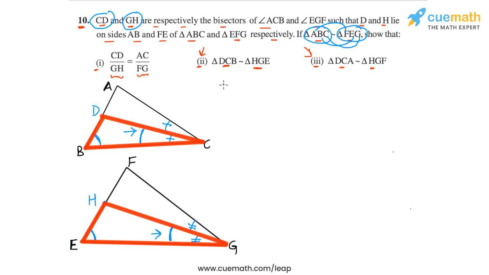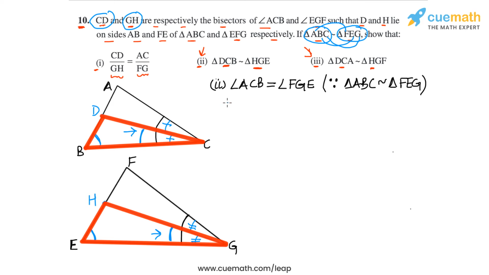So this is part 2 that I'm doing. So we have angle ACB is equal to angle FGE. So I'm starting with this. ACB is equal to FGE. So the whole angles are equal, and this is basically because triangle ABC is given to us to be similar to triangle FEG.